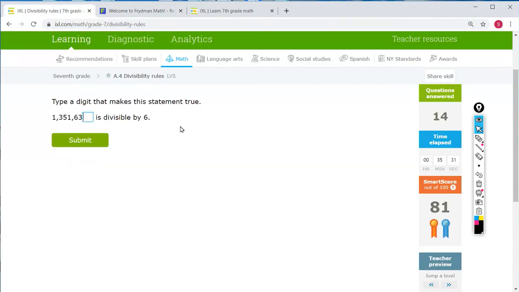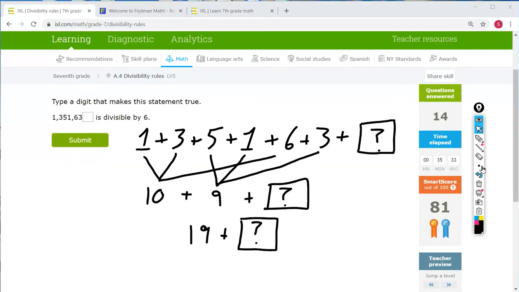So let's see. What if I were to put a 0 in here at the end?